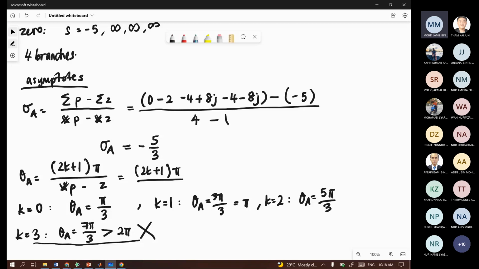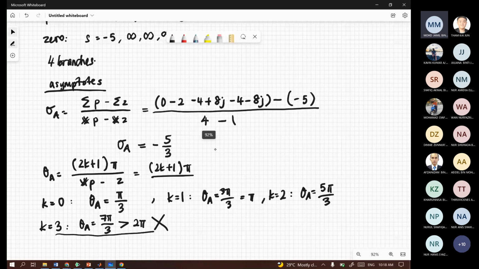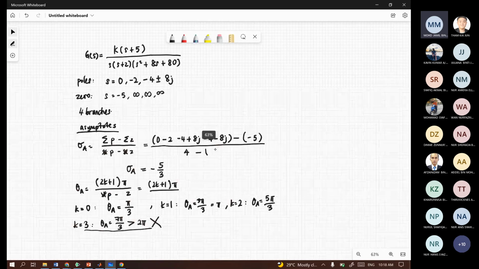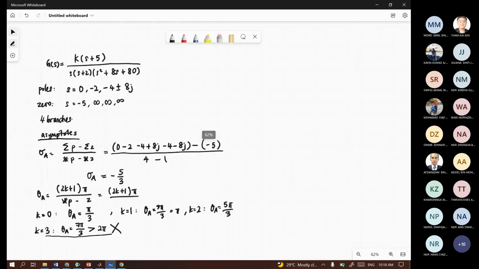Now you can sketch first the poles and the asymptote on the s-plane.